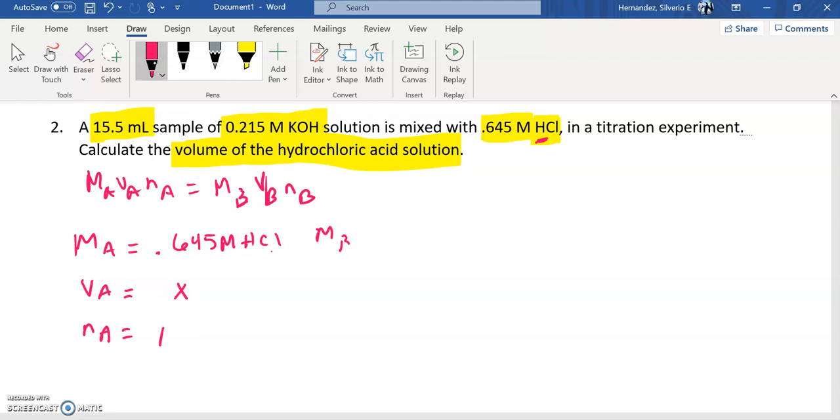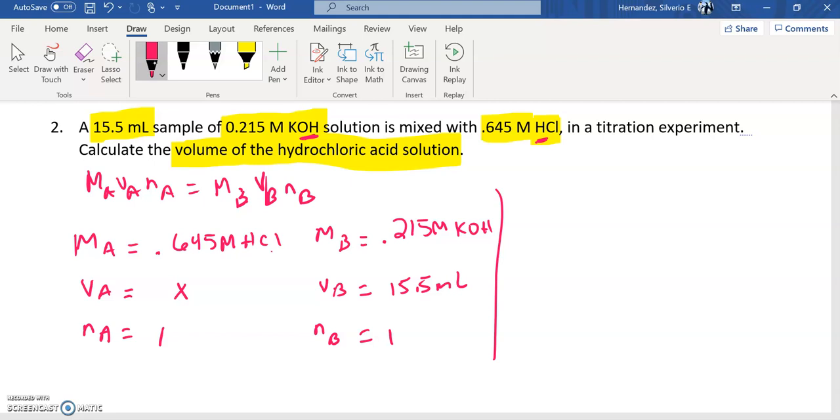And I'm going to do the same thing for the base. This time the concentration of the base is 0.215. The volume of the base is going to be 15.5 milliliters. And I look for the number of hydroxides in the base, again, is 1.